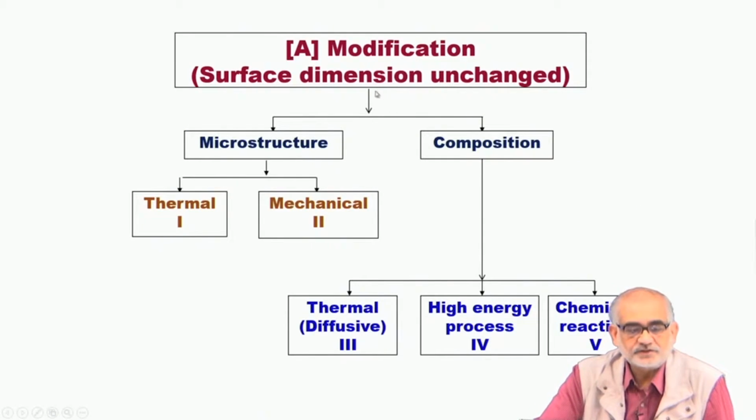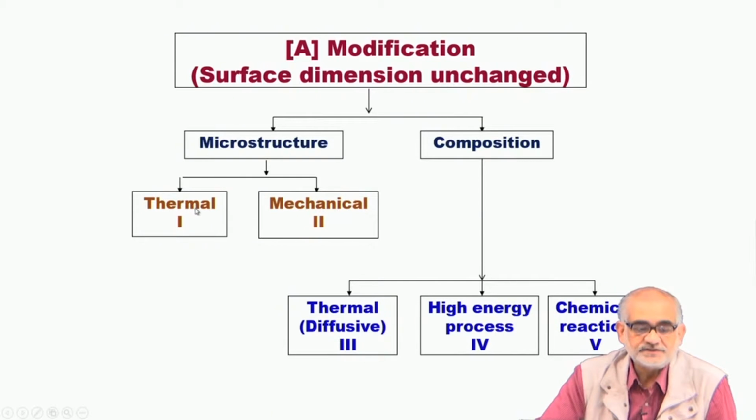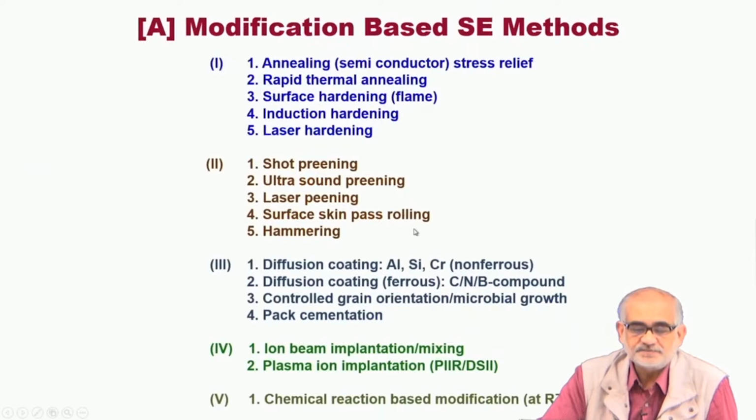So, first we are talking about approach A, where we are changing only the surface microstructure and composition without any major change in dimension of the surface. First, when we talk of change of microstructure, as I said already, we can do it either by thermal activation or by mechanical activation. So, what does it mean?